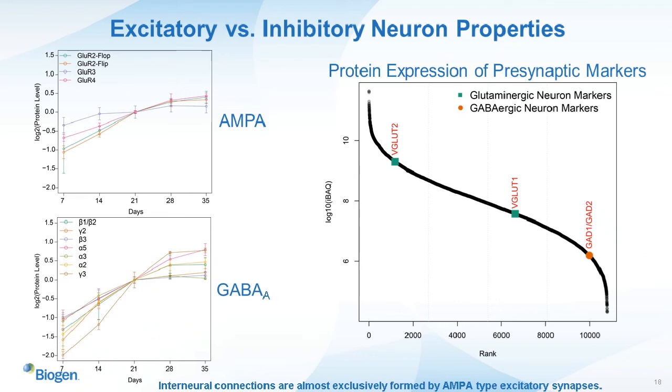If we look at those in particular, an enzyme that is required for the biogenesis of GABA, the neurotransmitter, is barely detectable, whereas two presynaptic markers for glutamatergic synapses, VGLUT1 and 2, that facilitate the uptake of glutamate from the synaptic cleft, are expressed at much higher levels. So again, this provides evidence that interneuronal connections are almost exclusively formed by AMPA-type excitatory glutamatergic synapses.